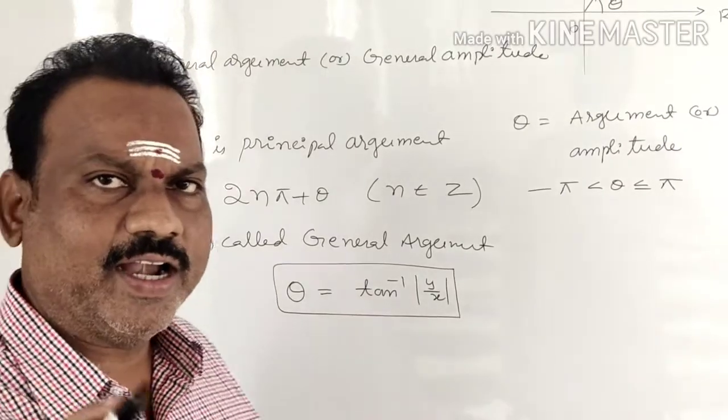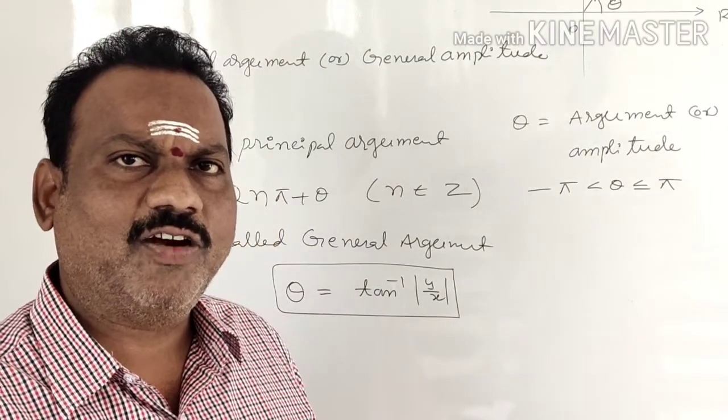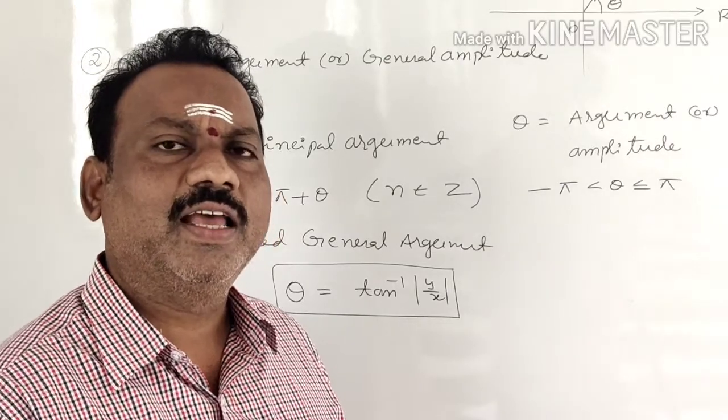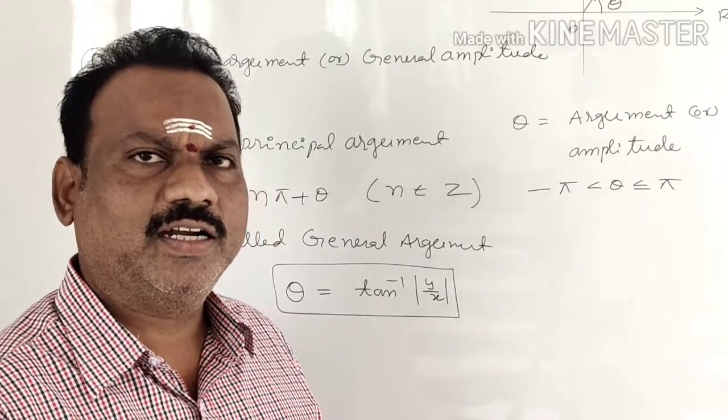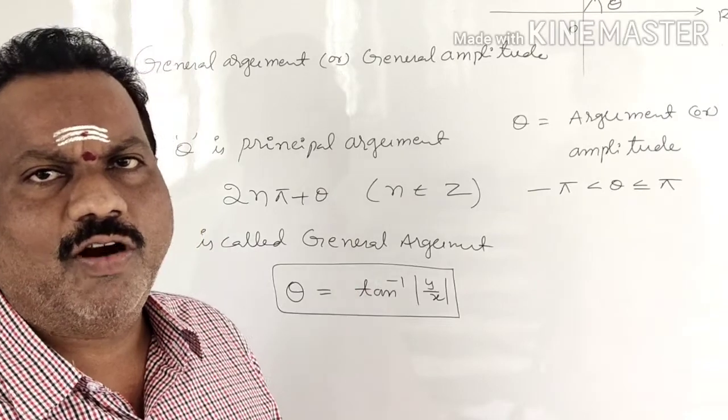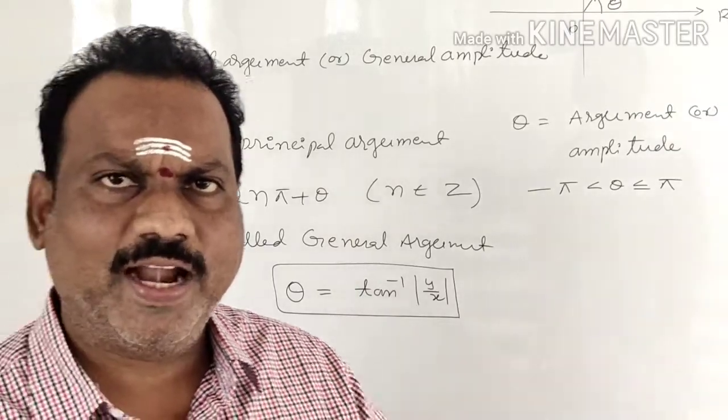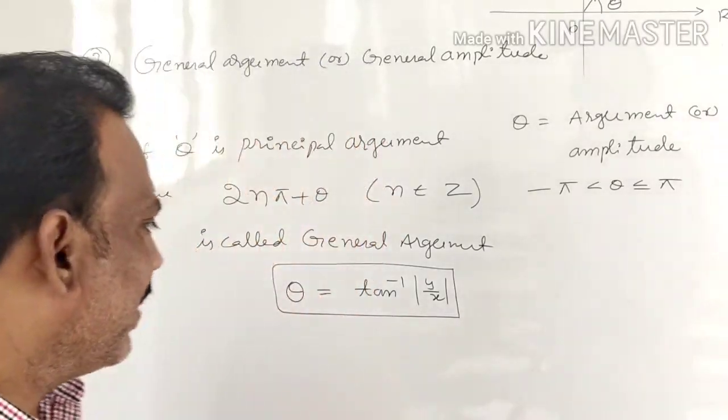This principal argument is different for different positions. Why? Because in the first quadrant the principal argument is different, in the second quadrant it is different, in the third quadrant it is different, and in the fourth quadrant it is different. Already we explained all these, just one time we will recall it.